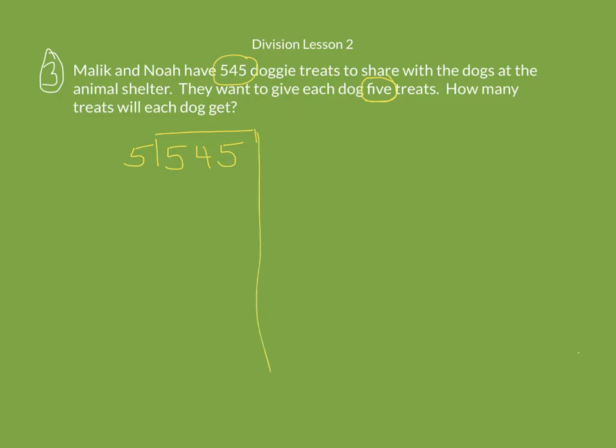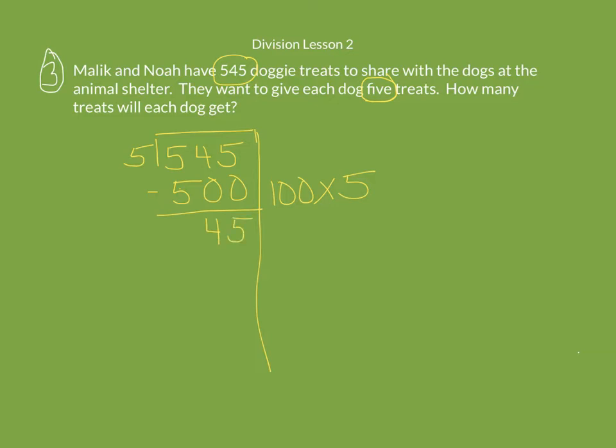All right, so we could have 100 groups of 5. So that would take care of 500 of the treats because 5 times 100 is 500. Now you want to think about they have taken 500 of those treats and put them in the groups of 5. Those are done. They're gone. We want to know what we still have left to put into groups of 5.